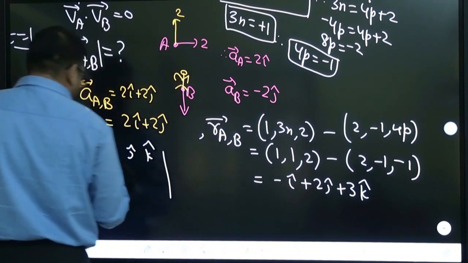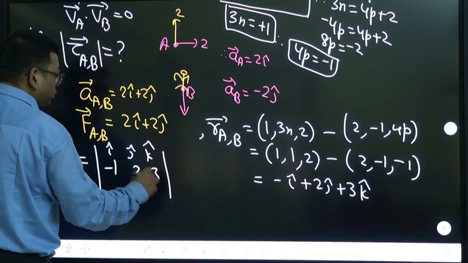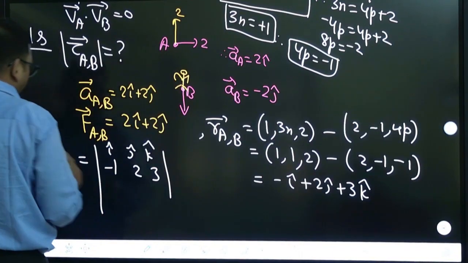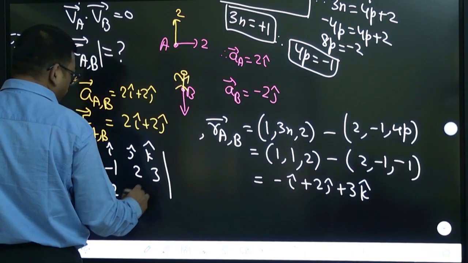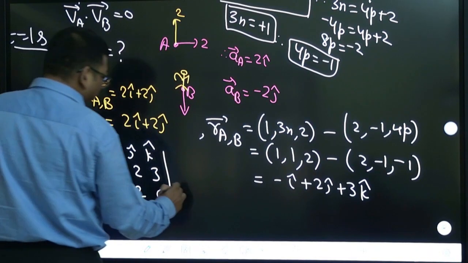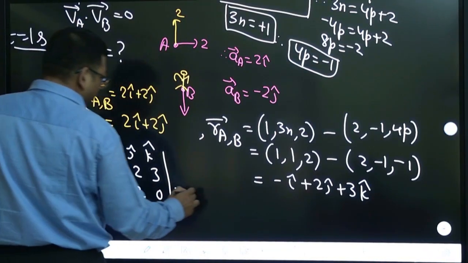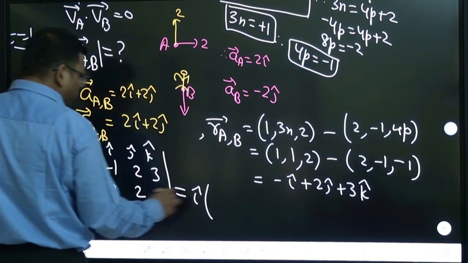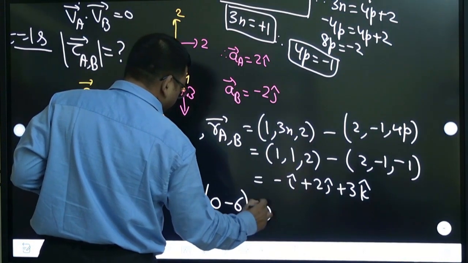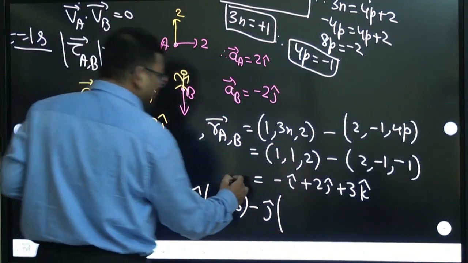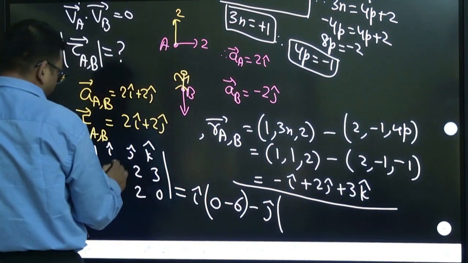So here minus 1, 2, 3, you have to write minus 1, 2, 3, and force component is 2, 2, 0. Let us now calculate this. So i cap, how much? 2 into 0 is 0, minus 3 into 2 is 6, minus j cap, how much?